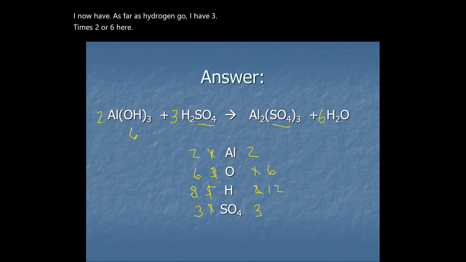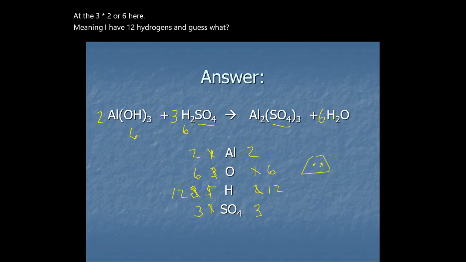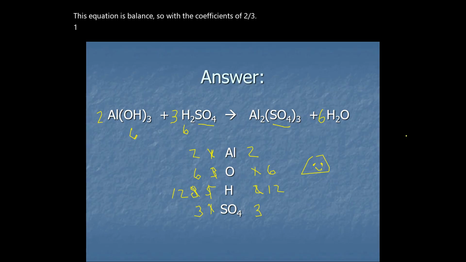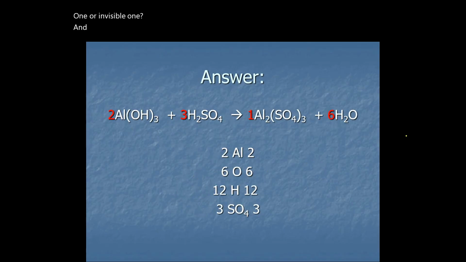I have 3 times 2, or 6 here, meaning I have 12 hydrogens. And guess what? World's worst smiley face, but this equation is balanced. So with the coefficients of 2, 3, 1, or invisible 1, and 6, this equation is balanced.